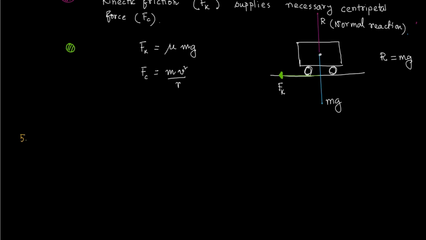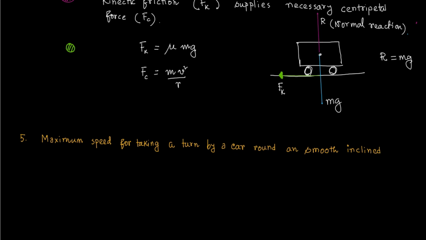Number 5 topic is maximum speed for taking a turn by a car around a smooth inclined plane, not a rough one, it should be a smooth inclined path or road, a smooth inclined curved road.